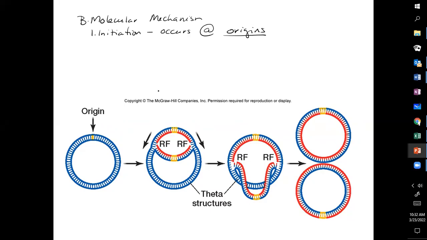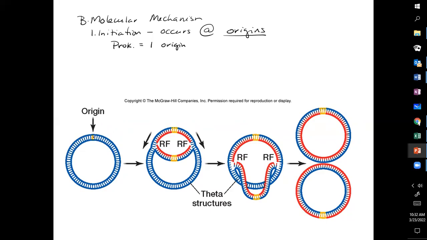In prokaryotes, and we'll look at the differences between prokaryotes and eukaryotes throughout, where most of this was originally identified, characterized and named, they have one origin of replication. Remember, they have a circular DNA.